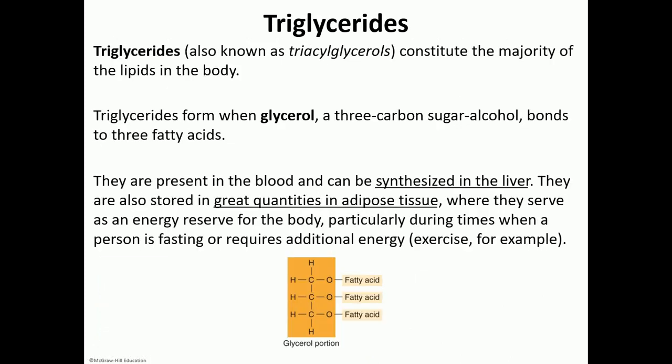Now, triglycerides, we could also call them triacylglycerols. That again is a fancier term for fat. Okay, it's made out of a glycerol molecule with 3 fatty acid chains, hence the name triglyceride. You'll find them in the body, in the blood. They're made by the liver.